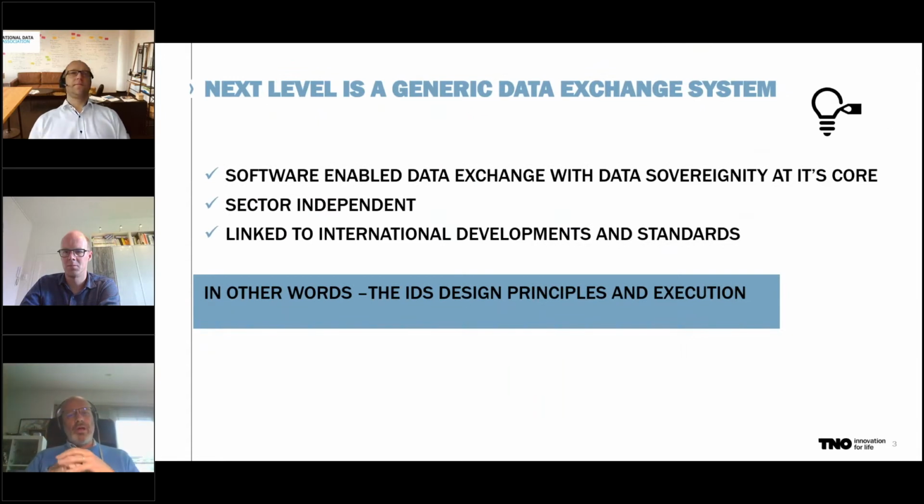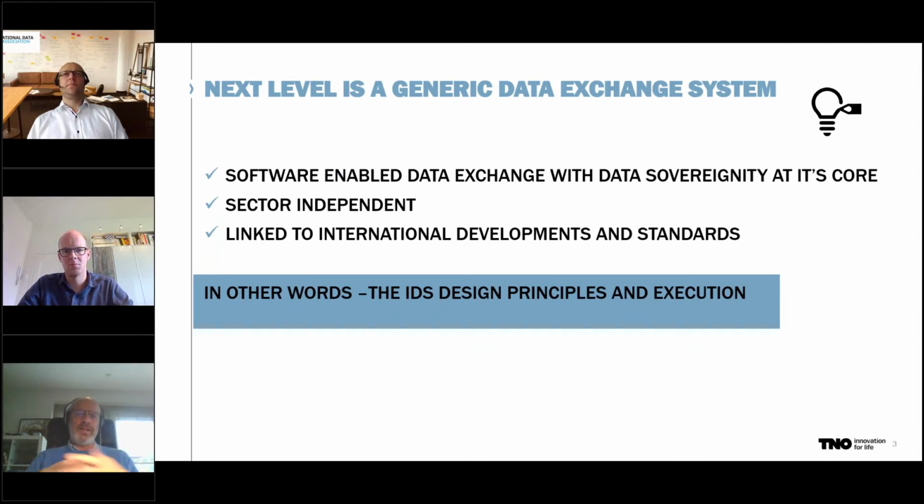So what should this next level be? Now, in our minds, this should be something more than agreements on sharing data or on sectoral initiatives. Those are good starting points, but we need to move to a next level. And the next level means that we need really generic data exchange systems where many organizations can exchange data.